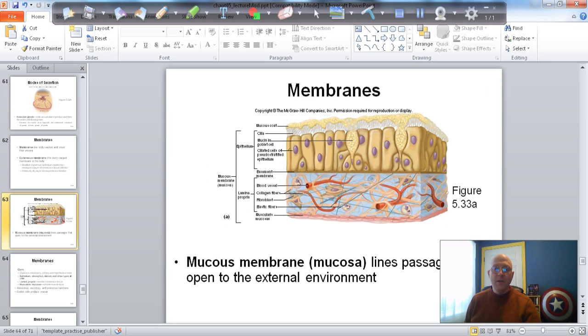This is describing the material that you find making up a membrane that helps to move mucus around. So in those tubes that we were just describing, those pathways, that's where pathogens could get in. So we need to put a mucous membrane in those areas to try to trap those pathogens and then move the mucus containing the pathogens out. So either sweeping up to the throat or having it pass out of the body along with the fluids that are going through the tubes.